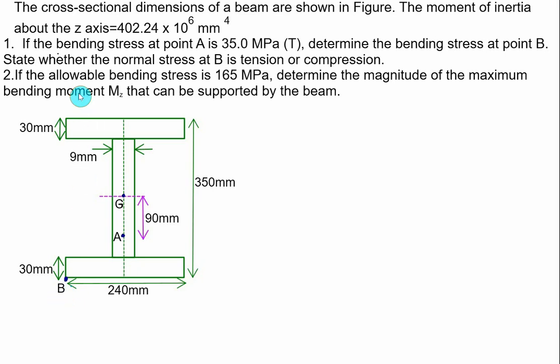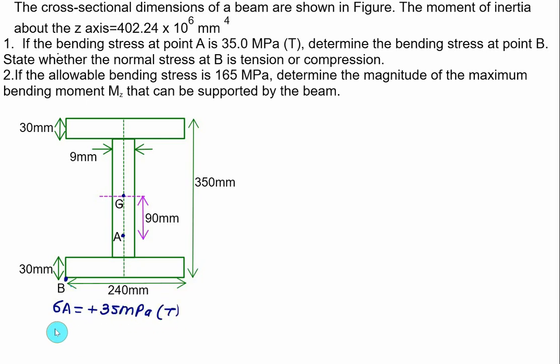In the second part, the allowable bending stress, that is the maximum value of the bending stress, is 165 megapascal. Determine the magnitude of the maximum bending moment M that can be supported by the beam. The stress at A is given to us as a positive value, equal to 35 megapascal tension.